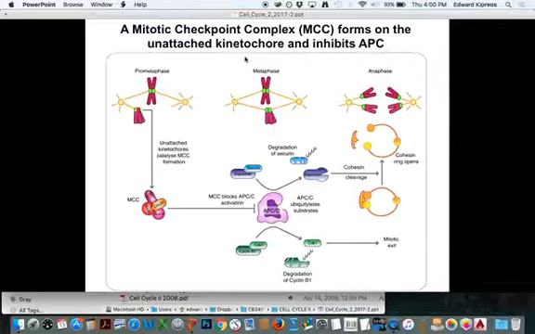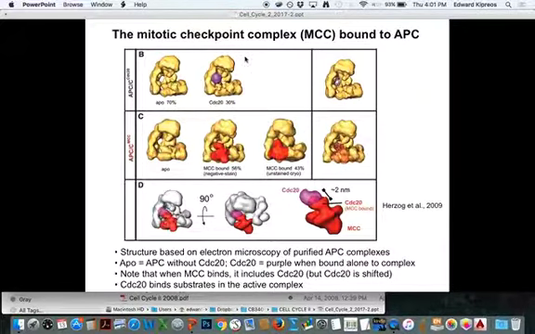Now this structure is going to bind to APC and inhibit it. And as long as APC is inhibited, then nothing's going to happen. You're not going to degrade securin. You're not going to degrade cyclin B. So here we're talking about degrading securin, which releases separase. Here we're talking about cyclin B, which allows mitotic exit. So these things are not happening as long as this thing is being made by an unattached kinetochore and binds to the APC. Okay?